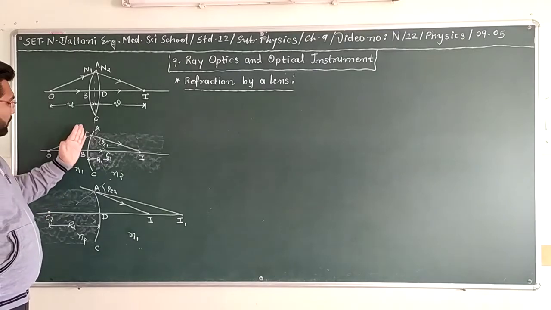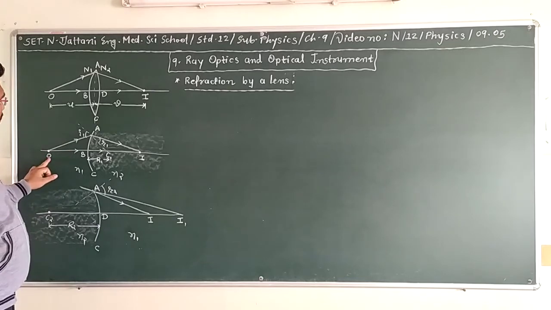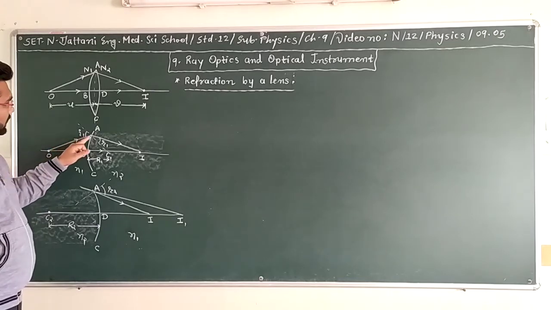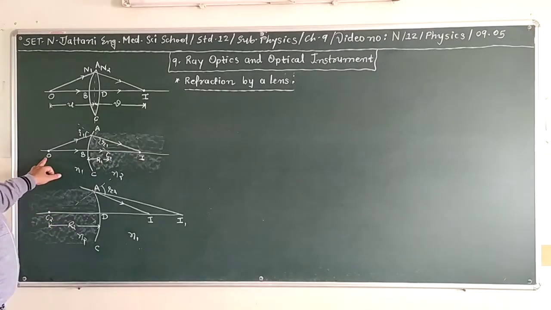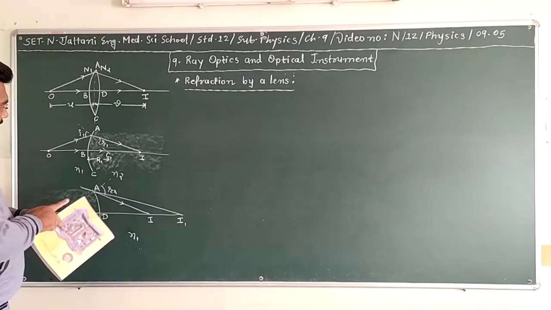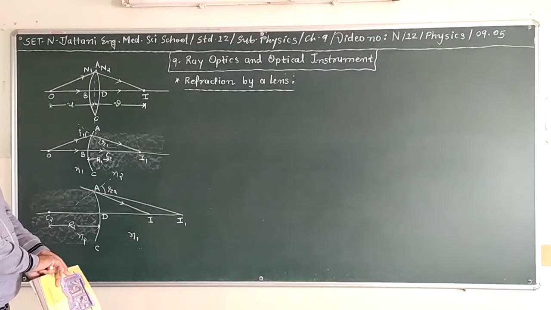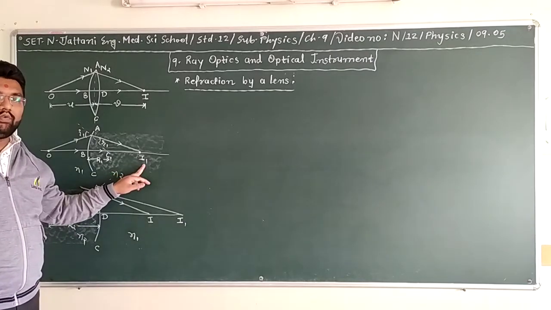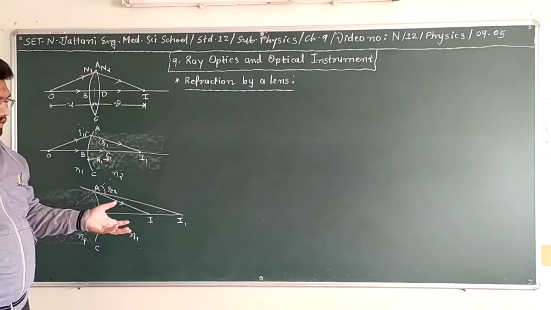The first image formation is done by surface number 1, that is, the object O will form the image I1 on the other side, and that image I1 will behave as an object for surface number 2.